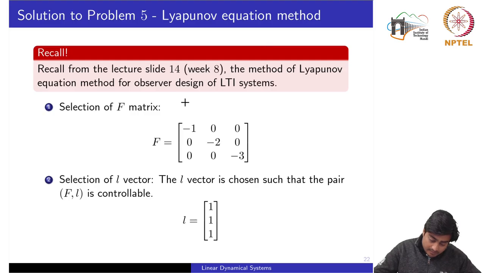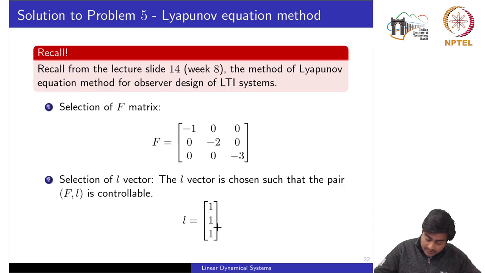The first step in this method is to select an arbitrary F matrix whose eigenvalues are located at the desired values. In the second step, we select an arbitrary L vector such that the pair F comma L is controllable.